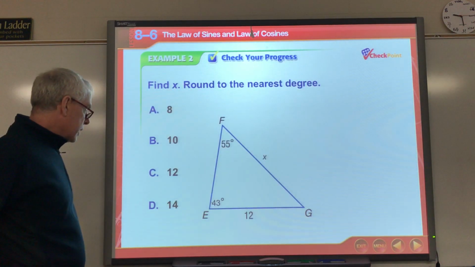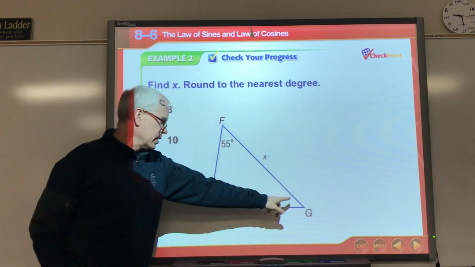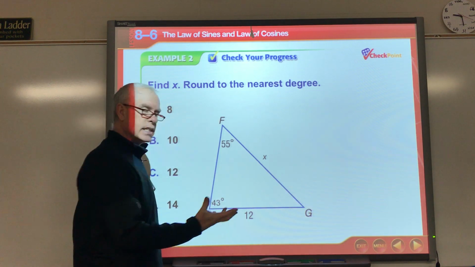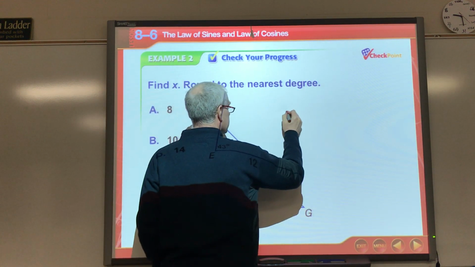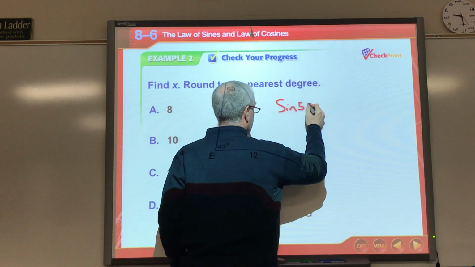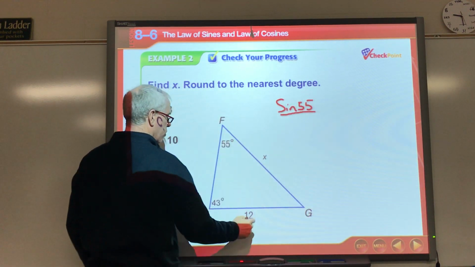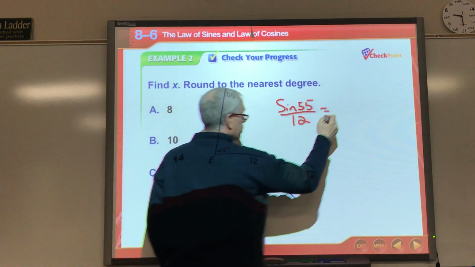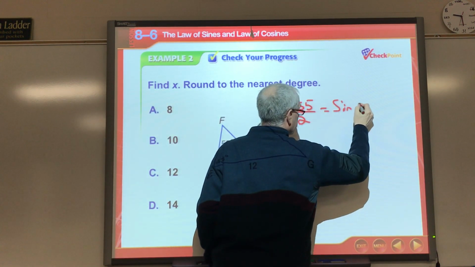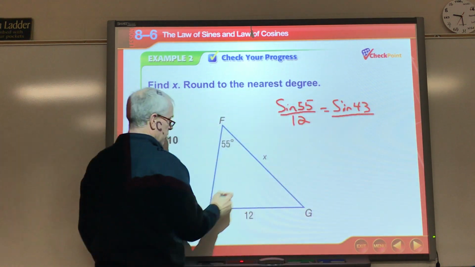How about this one? This one's even easier because I don't need to find g, so this is pretty similar to what I did before. So the sine of 55 over 12 equals the sine of 43 over x.